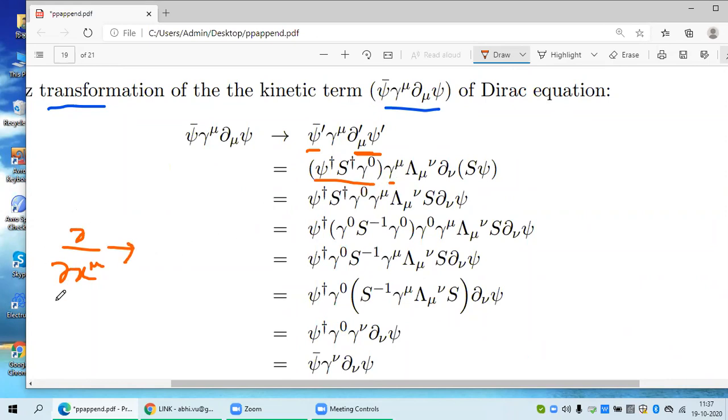Because a derivative with respect to a contravariant vector gives you a covariant thing. So that's why this is basically this. And any contravariant object under Lorentz transformation, you can write this.